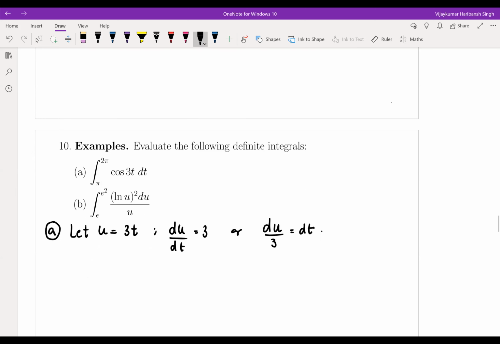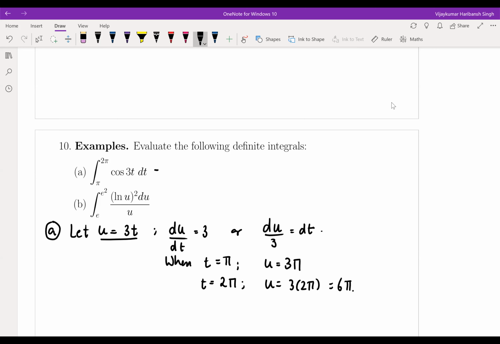Now you have to make the substitution for the limits already. When t equals pi, u equals 3 times that, because u is 3t, so u equals 3 pi. Similarly, when t equals 2 pi, u is 3 times 2 pi, which is 6 pi.